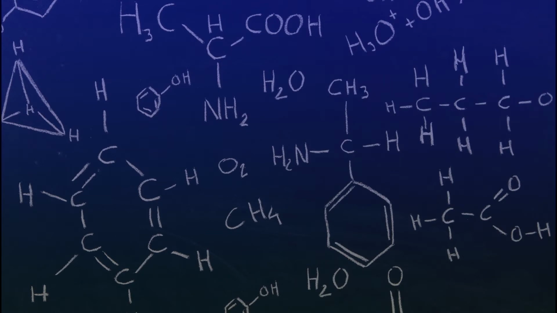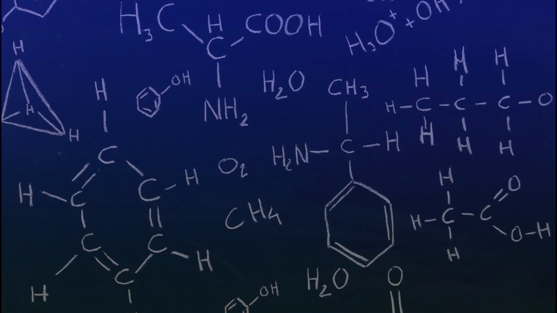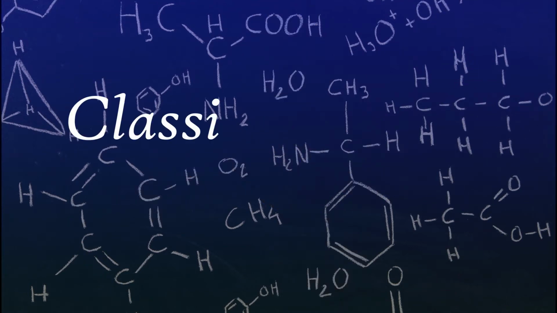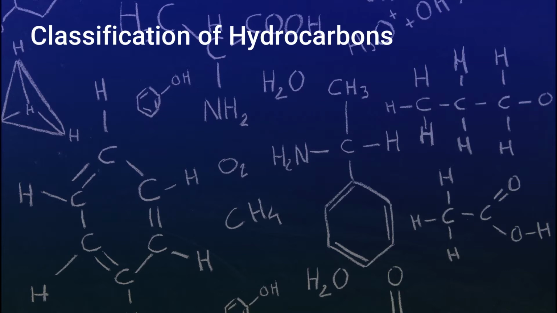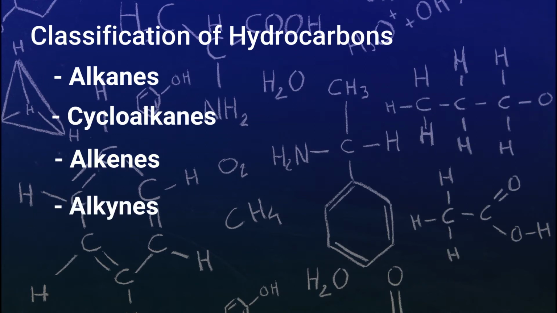The basic and simplest carbon compound is the hydrocarbon, which contains only carbon and hydrogen. In the classification of hydrocarbons, we can find in the aliphatic group alkanes, cycloalkanes, alkenes, and alkynes.